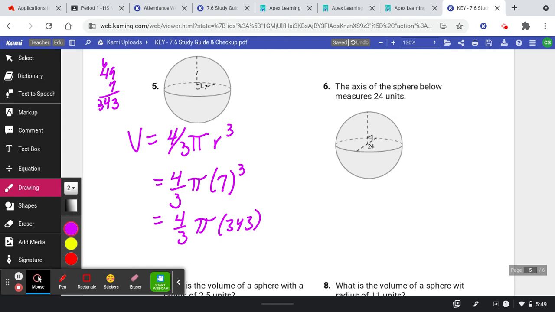And we say 3 plus 4 is 7, plus 3 is 10. This is not divisible by 3. So we say 1372 pi over 3 u cubed.